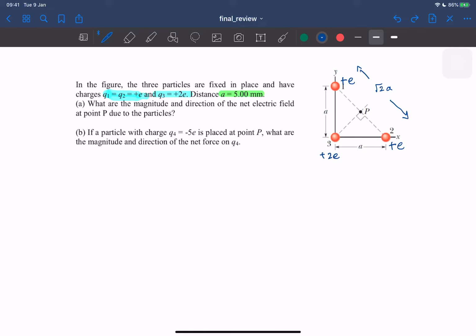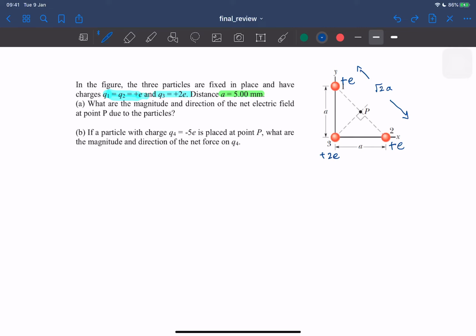So this is where you need to add the electric field from each charge, like when you add vectors, right? So that's probably the most important thing for this problem: you realize that electric fields are vectors.